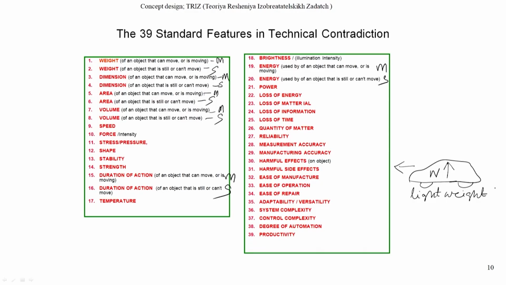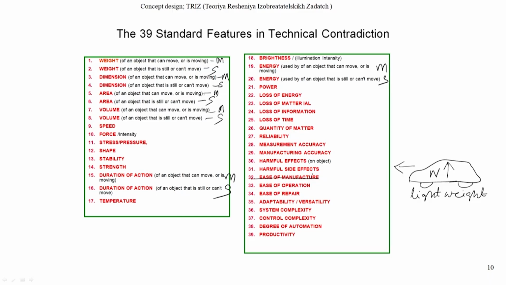Well, if I make the car lighter and lighter and lighter, I know that there will be a challenge in manufacturing, because there can be buckling of the sheets. So, the ease of manufacture is going to have a contradiction. If you have a very thin sheet, you will not be able to manufacture the car so easily.